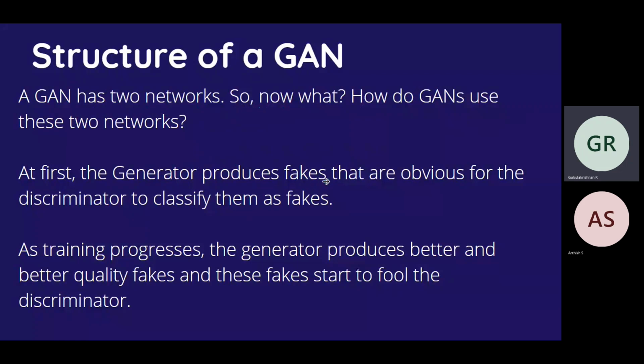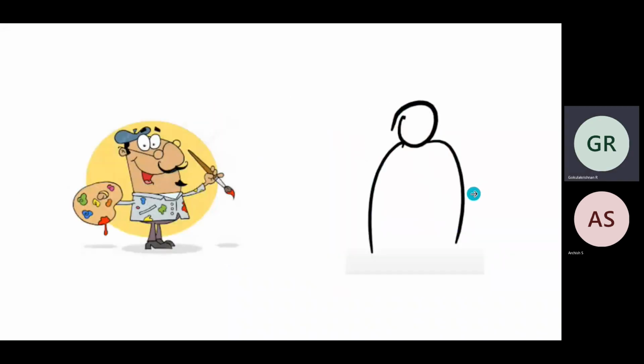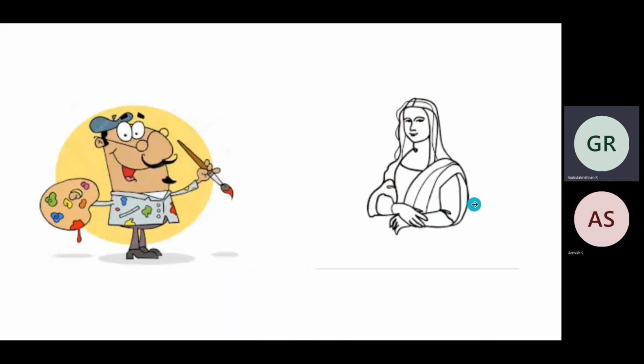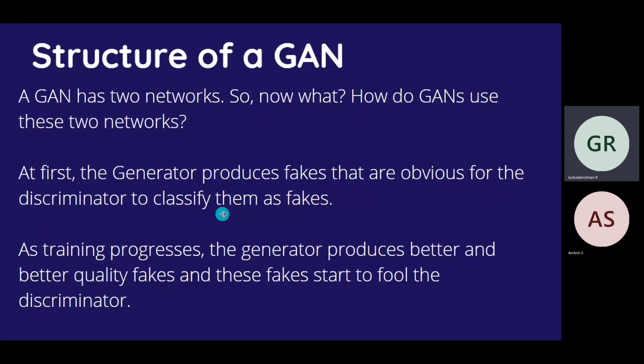The training data has some real images, and the generator produces fake images. Initially the generator produces fakes that are obvious, like the one I showed here. The discriminator directly says no, and then the generator updates and tries to make a better fake.